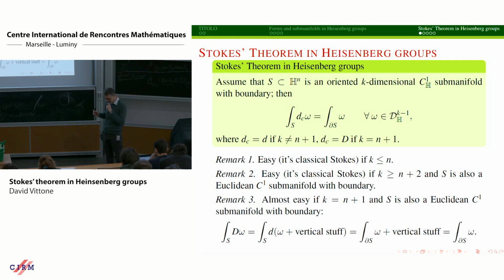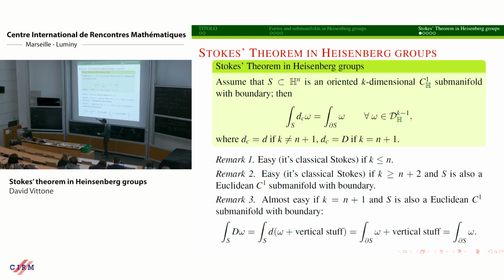It's some form, of some n form, which one can compute by taking derivatives of omega, okay? Remember that capital D was a second order operator, and this vertical stuff is something which comes after applying a first order operator to omega.